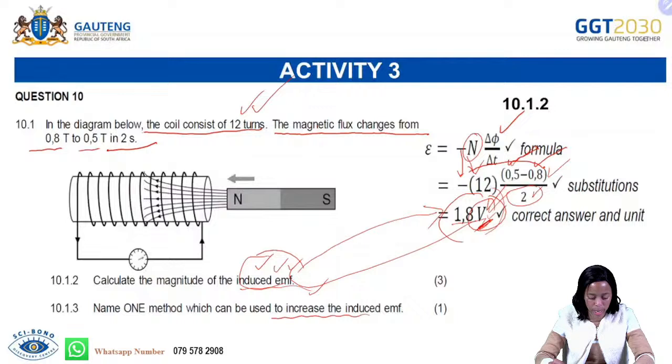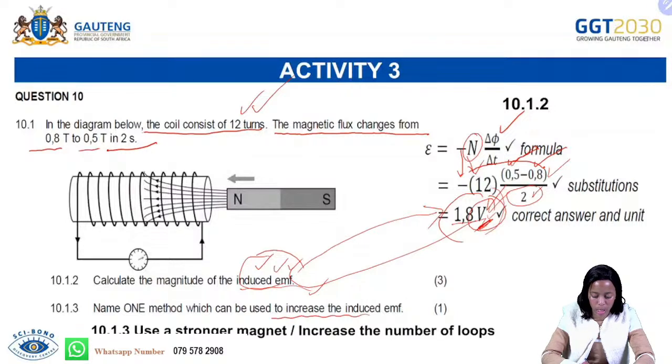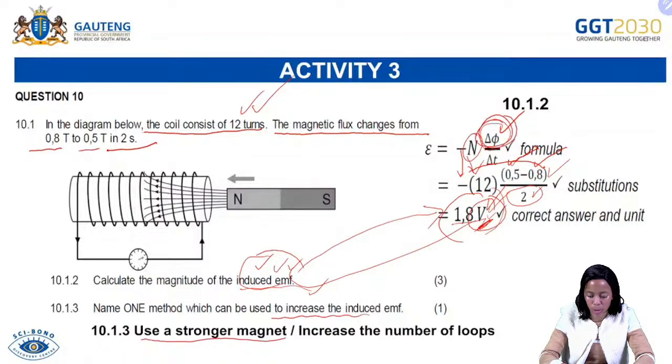So this is what we have here. You can use a stronger magnet. That is according to the formula here. Increasing the induced EMF means increasing the strength of the magnet. If you increase the strength of the magnet, the induced EMF will also increase.